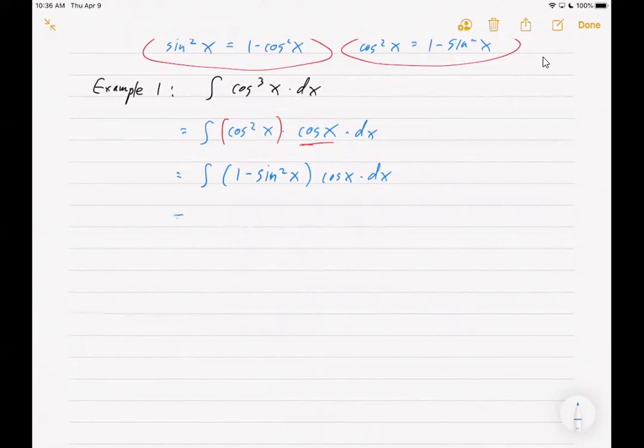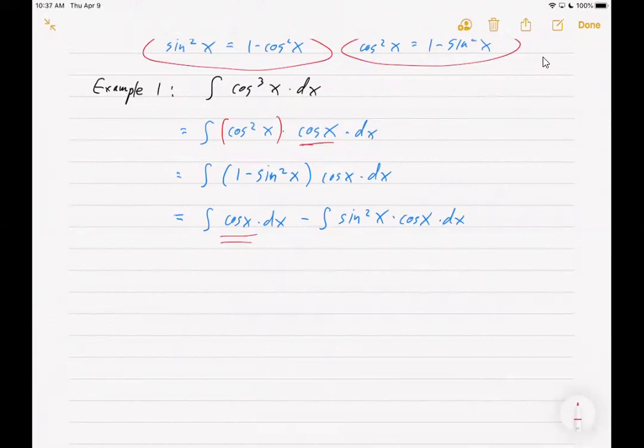Now you might find it easiest at this point to think of this as two different integrals, all right? So we would have the integral of 1 times cosine of x, which is just cosine of x dx. You could leave it in one integral and just have a more complicated antiderivative, but I sort of prefer to break it into two simple problems. So the first problem, this is just a memory list, all right?